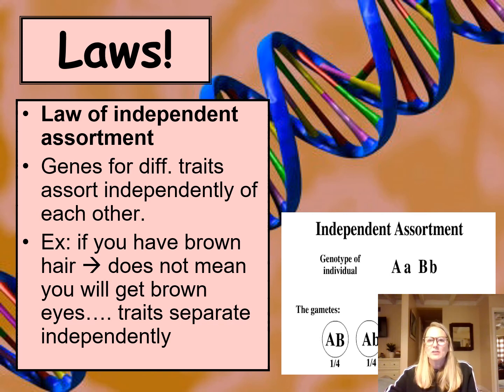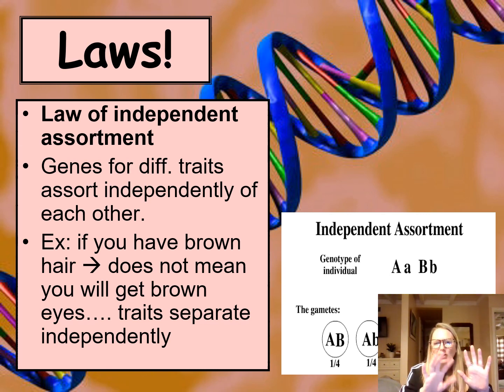So when you go to make your eggs or sperm, say you do have brown hair and brown eyes, okay, it doesn't mean that all of the offspring are going to have brown hair, brown eyes. When you go to make those gametes, the traits separate independently of one another, meaning they're not linked together, and you won't inherit one just because you got the other.